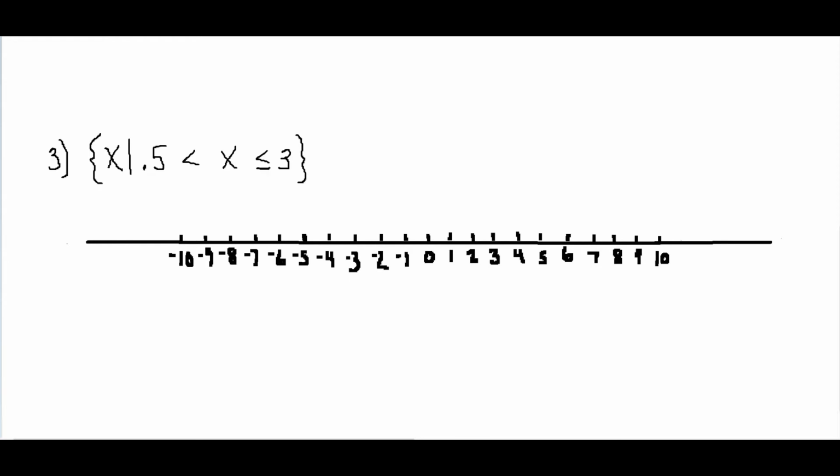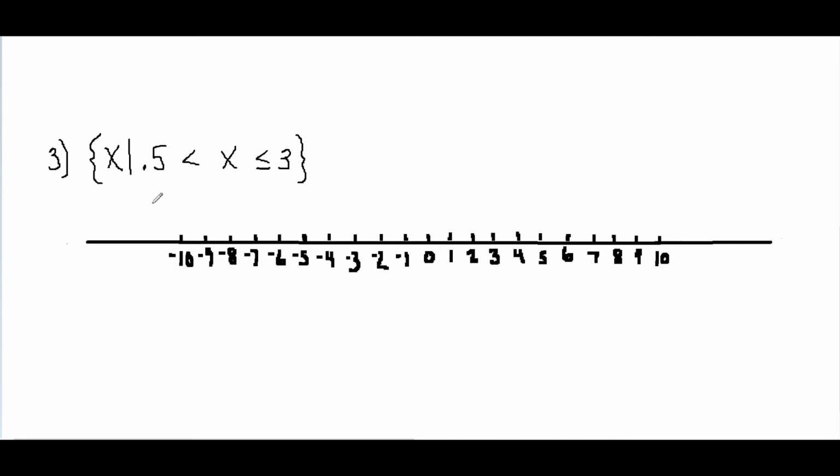Okay, how about one more? This is reading x such that 0.5 is less than x is less than or equal to 3. So here we have a compound inequality. And when I go to graph this, it's going to be an interval on this number line.